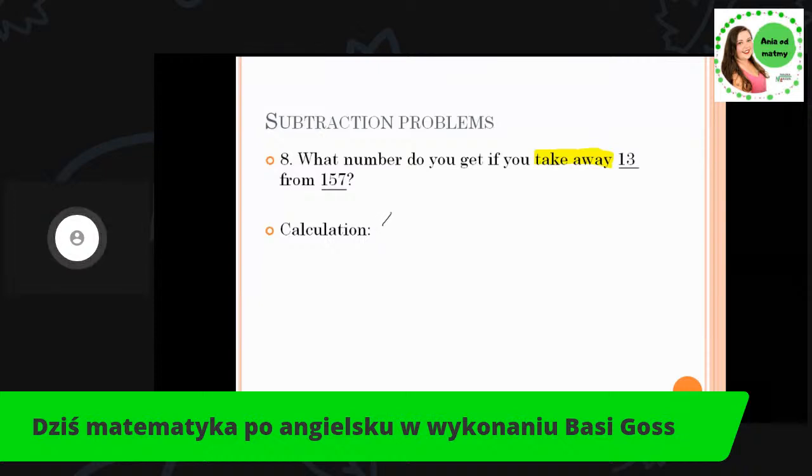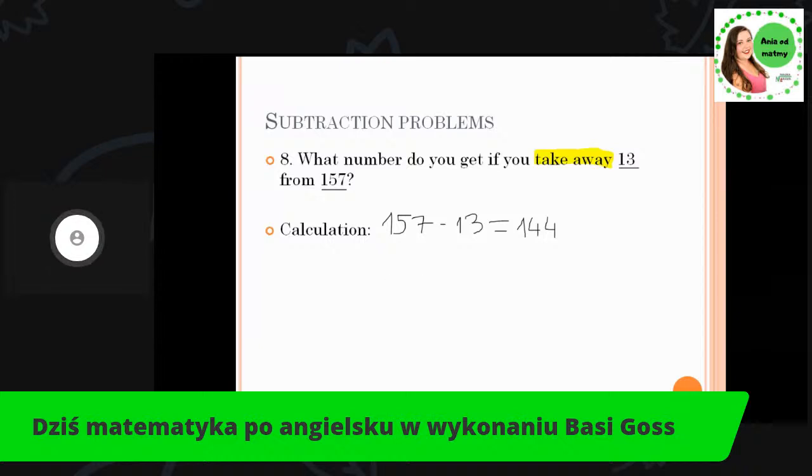And it's going to be 157 minus 13 equals 144. Yeah, so you corrected your answer.